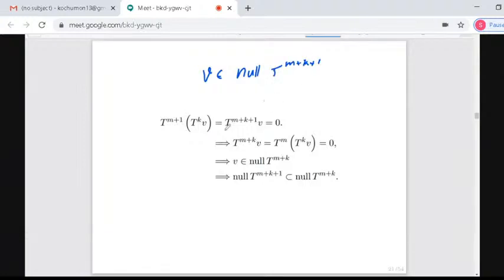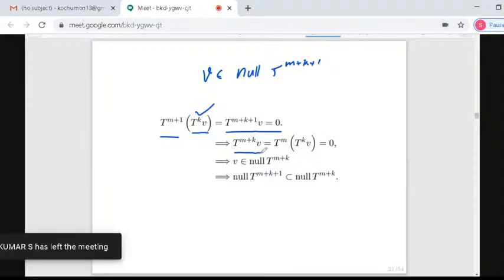We assume that. Now we know that, therefore, if you apply T to the power m plus 1 to T to the power k V, this is actually 0. So from there, what you can see is that T to the power k V is in the null space of T to the power m plus 1. Now, because of that, T to the power m plus k acting on V is, by definition, the same.